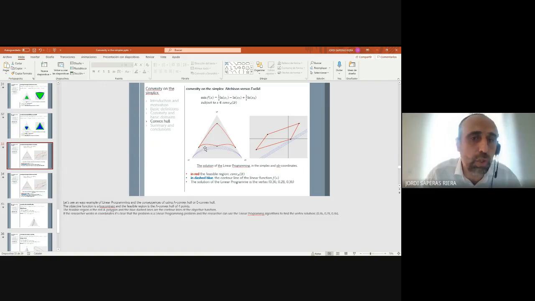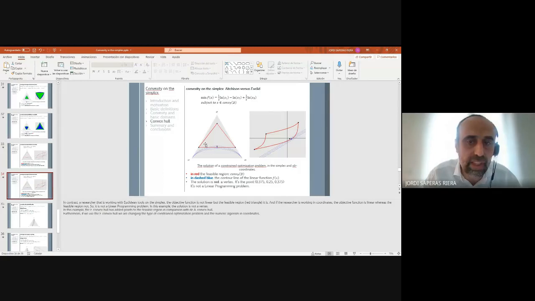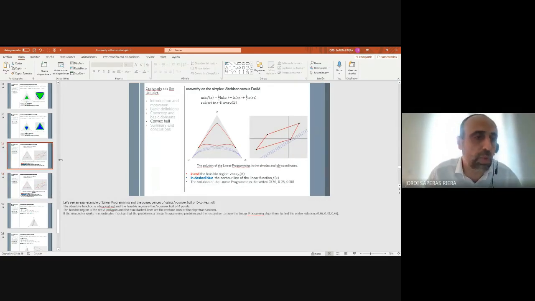But the convex hull in this idea is to be understood with Hutchinson geometry, not with our Euclidean idea. So the convex hull is by definition the smaller convex that contains your original set of points.